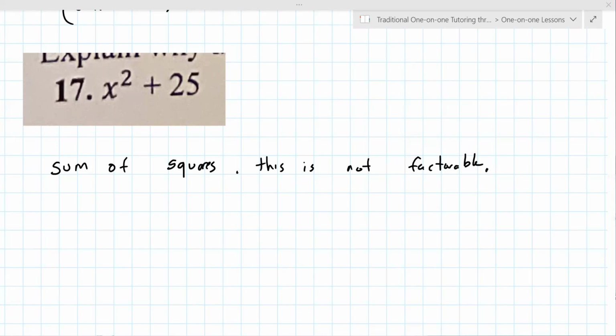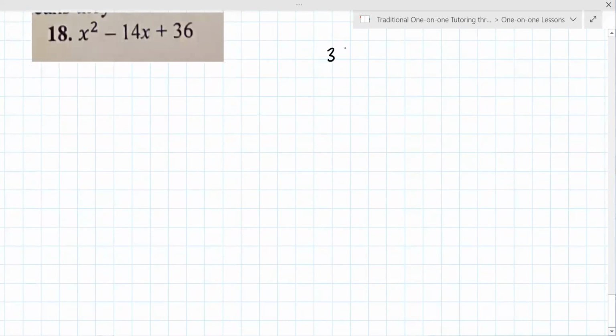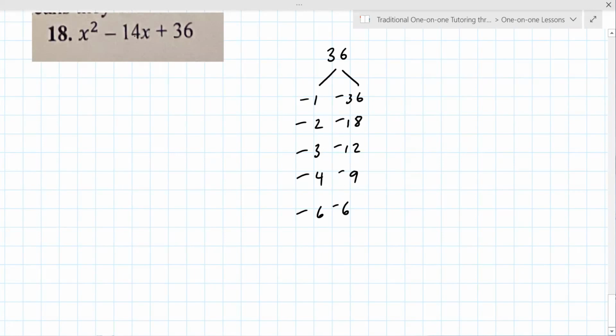For 18, this right here is factored. It's very similar to the ones we were doing the other night. We actually just have to take that last number, 36, and write out all the numbers that multiply to 36, like 2 and 18, 3 and 12, 4 and 9, 6 and 6. Actually they're all negative here. Do any of these add up to negative 14? Like negative 1 plus negative 36 is negative 37. No, none of them.